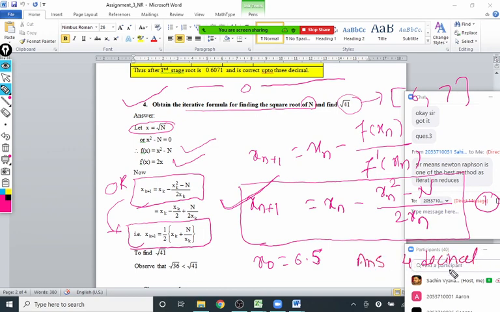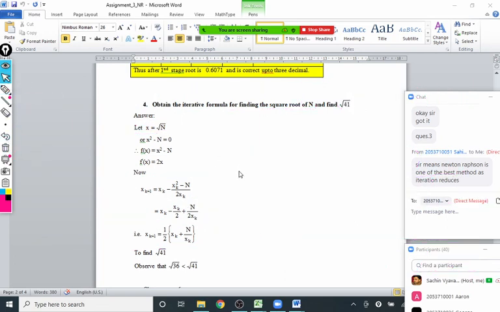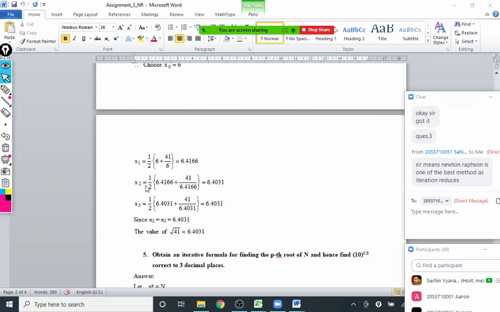Remember this: whenever the stopping criteria, like correct up to 3 decimals or 4 decimals, or the number of stages, is not given, you should do the calculation till 4 decimals start repeating. This is the solved example. You will observe that after calculating x1, x2, x3, the 4 decimals start repeating after 3 iterations only. So 6.4031 is the approximate root of 41, correct up to 4 decimal places.